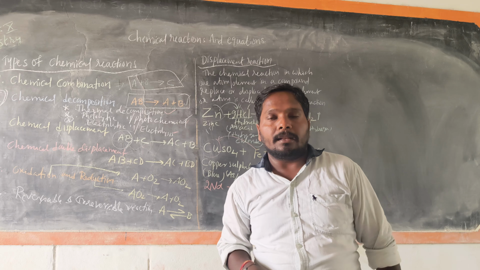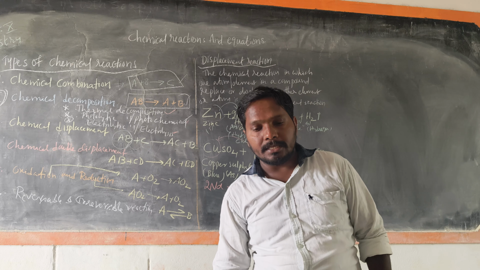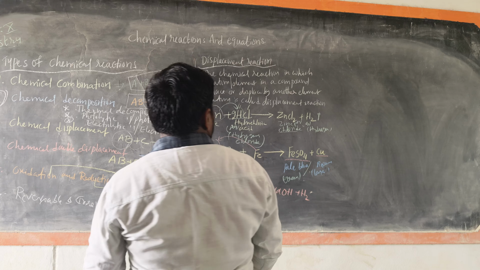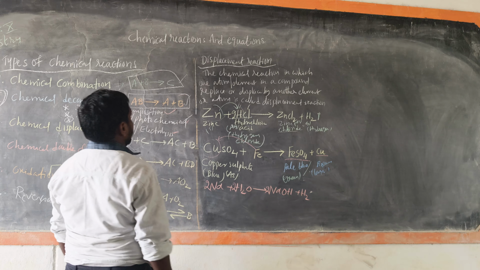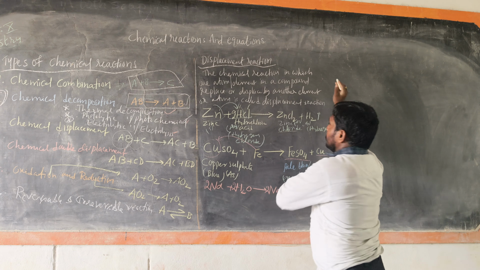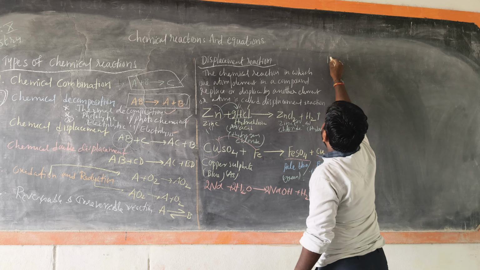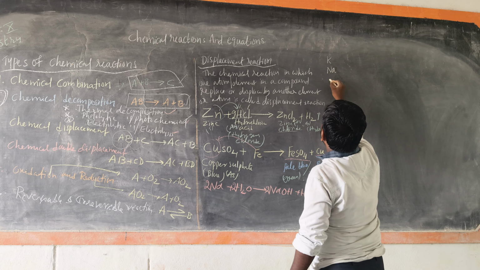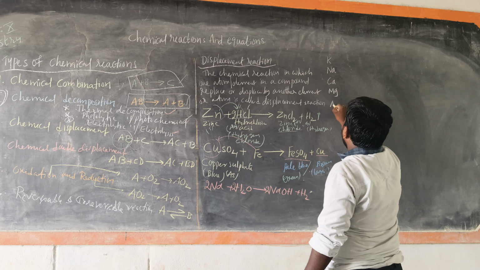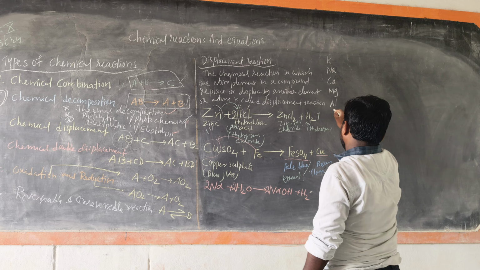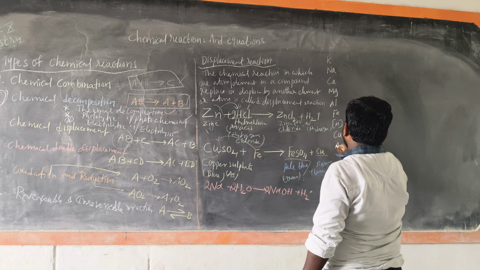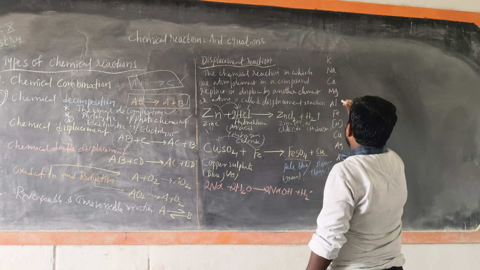a highly reactive metal can easily displace a low reactive metal. So, there is a reactivity series to understand this: potassium, sodium, calcium, magnesium, aluminium, iron, in between hydrogen, copper, silver, gold.